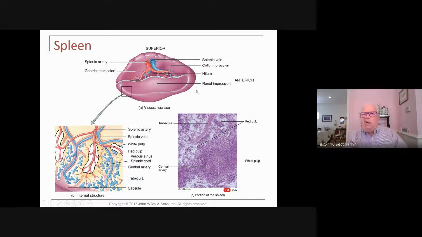It has not only immune function, it also has red blood cell function. This is where red blood cells go to die. This is where platelets aggregate. So it has a function on not only lymphocytes, but it also has a function on red blood cells and platelets.